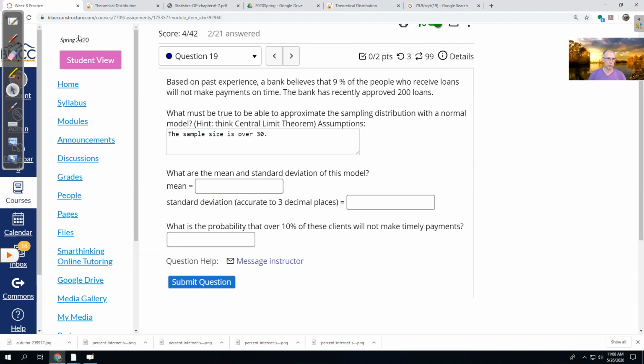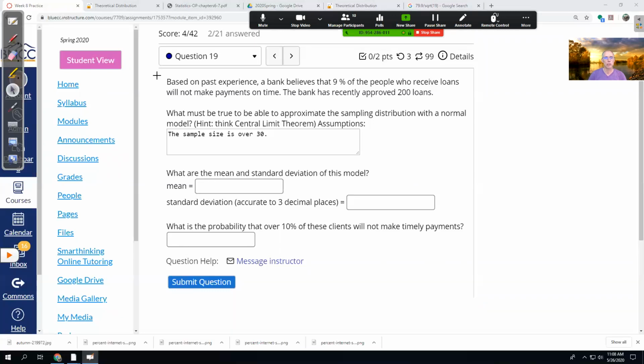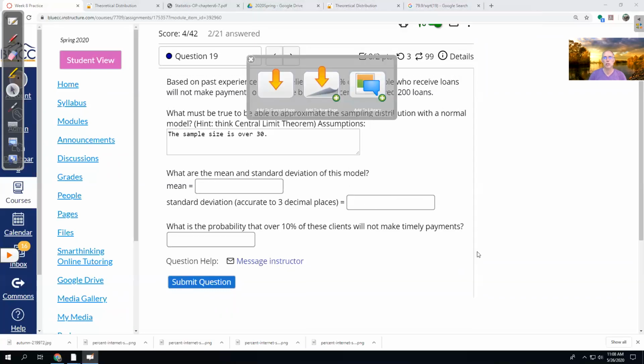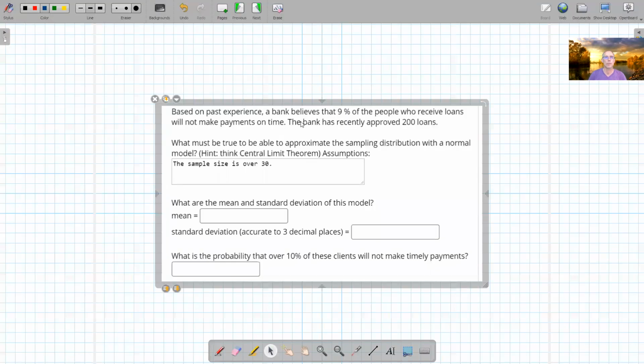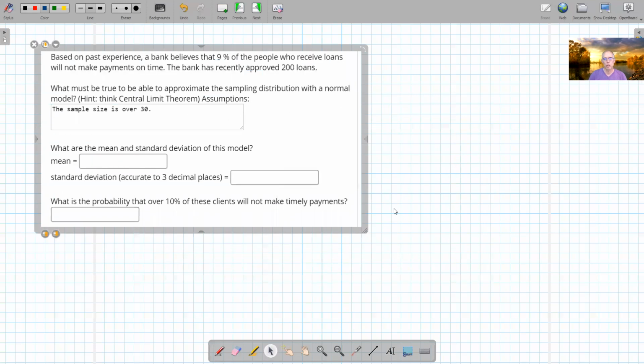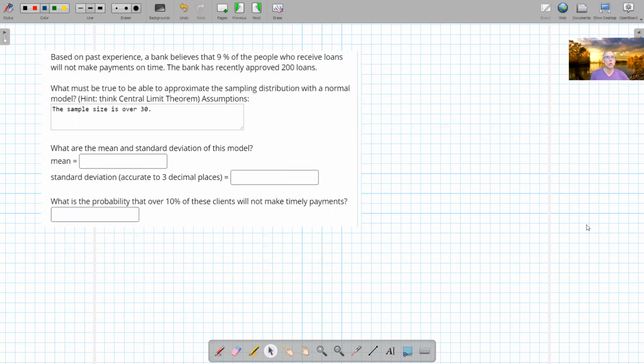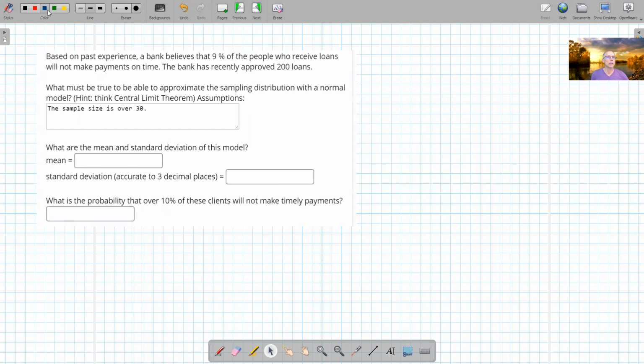All right, so I think I need to write a couple things down here. Let's grab all of this and add to new page. Okay, so they're telling me that P, which would be the proportion, and it's always a good idea to define your variables to help make sure you're making sense of things.